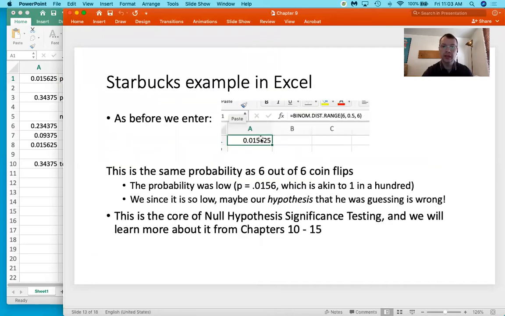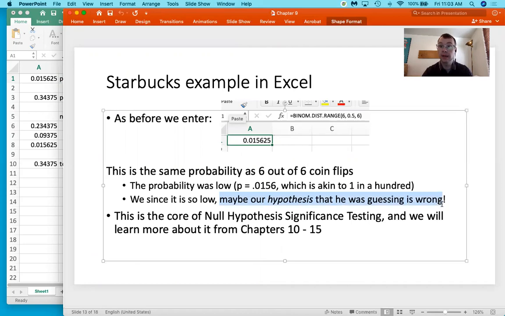So again, I've showed you how to enter that. And since this is a relatively low number, maybe our hypothesis that he was guessing is incorrect.